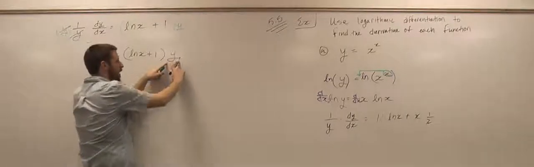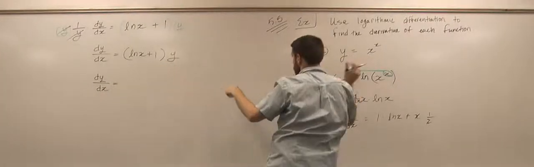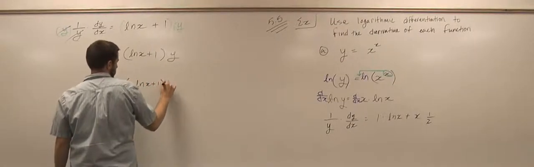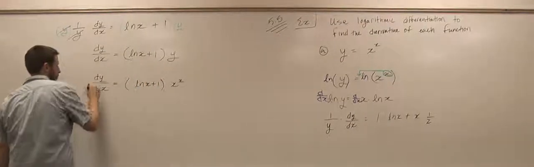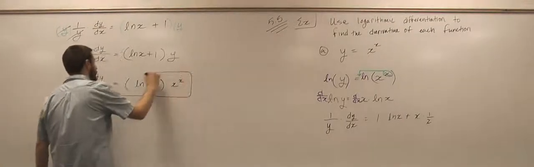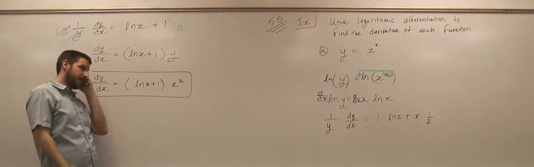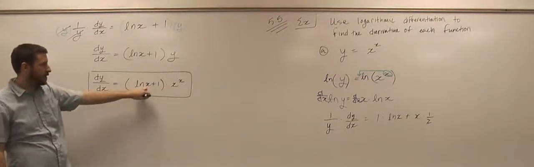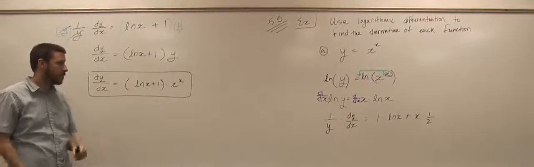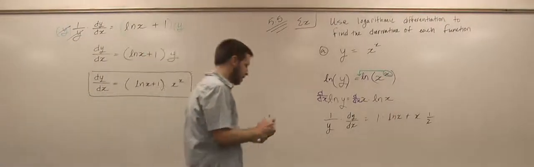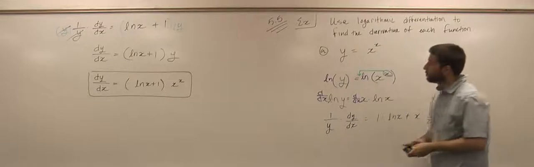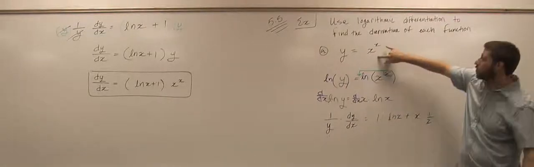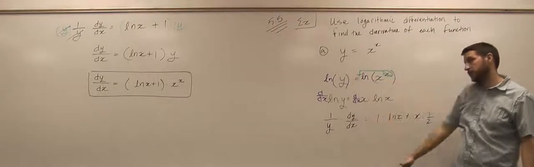Can I plug in for this y? It's x to the x. So the derivative of x to the x, just like all exponential functions, has an x to the x factor in it, but then it also has a variable multiplier, ln x plus 1. Whenever you're trying to take the derivative of a variable to a variable, this is the method.